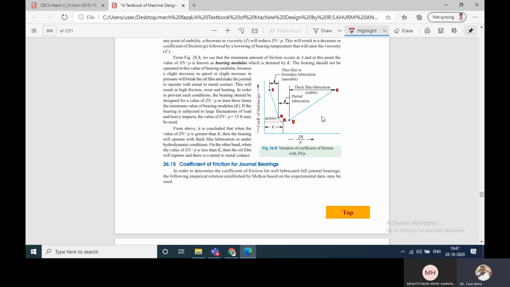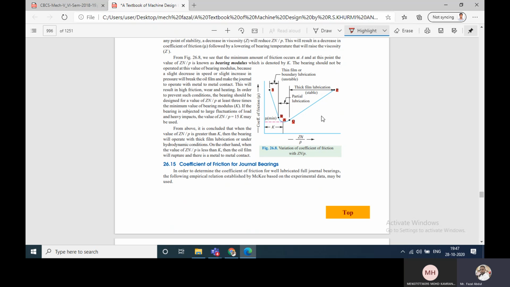Because of continuous rotation of the shaft carrying the load, distributing the pressure in the lubricant, the pressure builds up in the lubricating oil. That lubricating oil forces the shaft to rise upward. Now, because of continuous operation, the temperature builds up in the lubricating oil. Because of the temperature rise in the lubricating oil, the viscosity of the lubricating oil decreases.